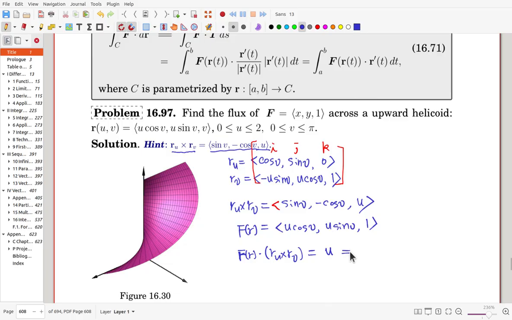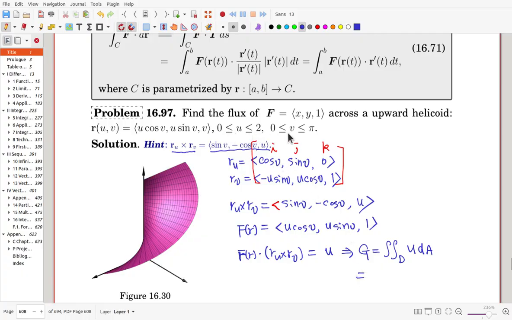So the flux, the given integral, is the same as the integral over D of u dA. Now that is a rectangle.